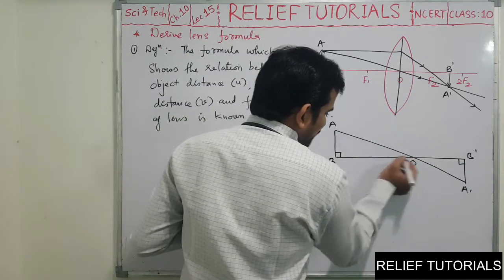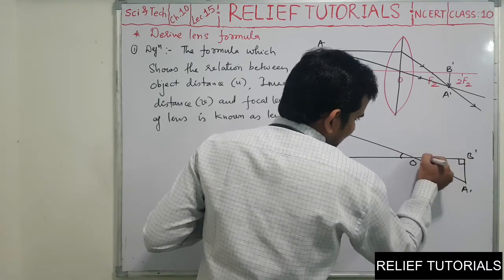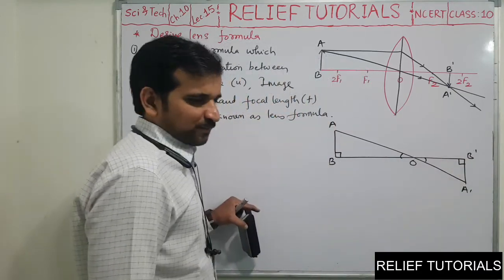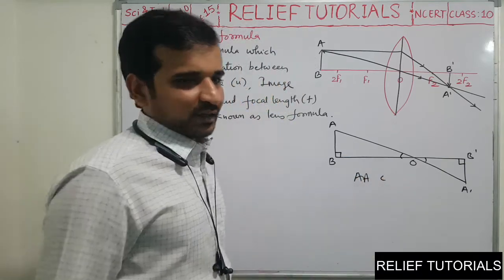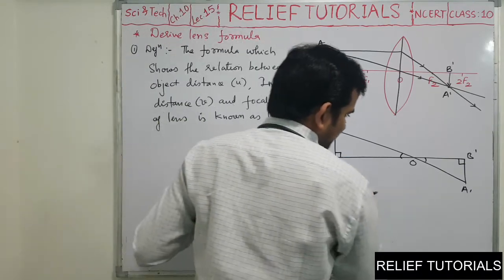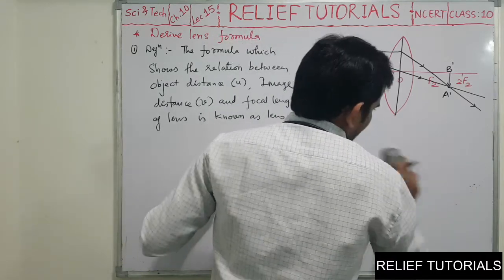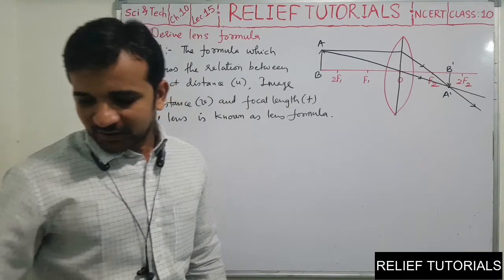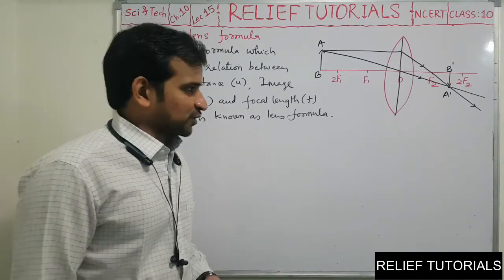Angle AOB and angle A dash OB dash are vertically opposite angles. So according to the AA criterion, these two triangles are similar. Already we have done these things. When two triangles are similar, all corresponding angles are congruent and the sides are in proportion.